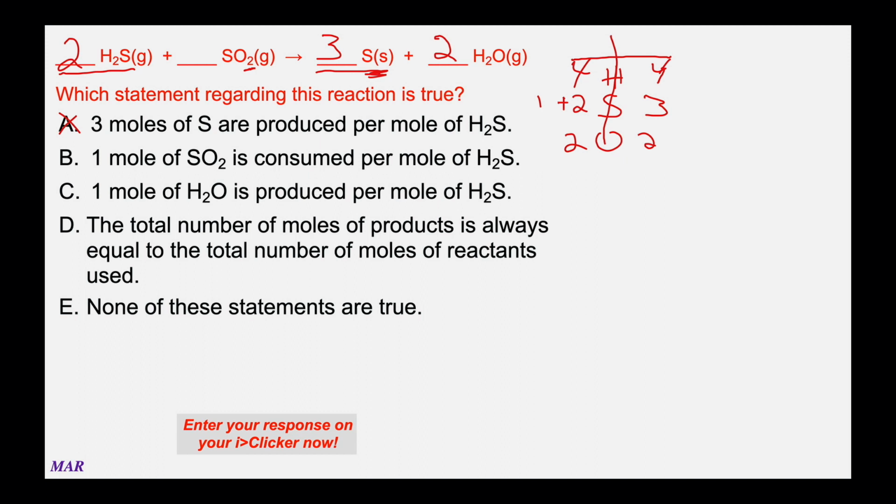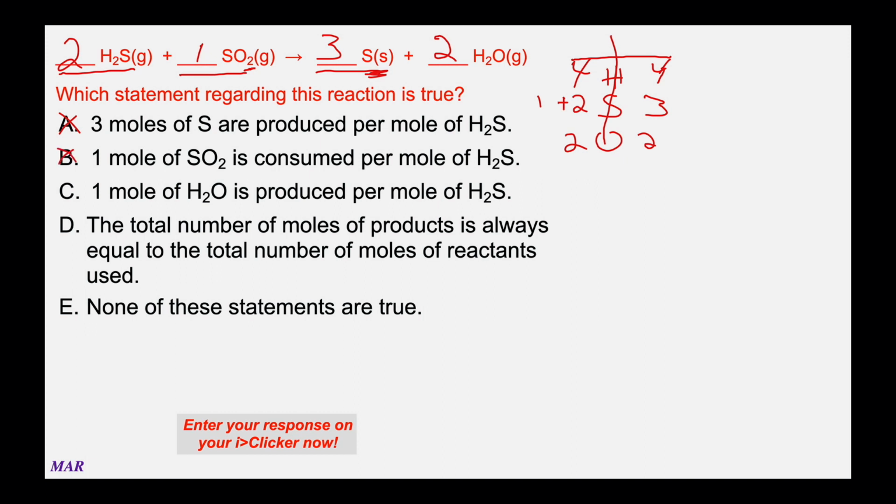Answer A does not look right. Then it says 1 mole of SO2 is consumed per mole of H2S. Well, there's a 1 in front of the SO2. There's an invisible 1 right there, and you shouldn't write that, but I'll write it here for instruction. There's a 1:2 ratio of SO2 to H2S. It is not 1:1. Answer B doesn't look right.